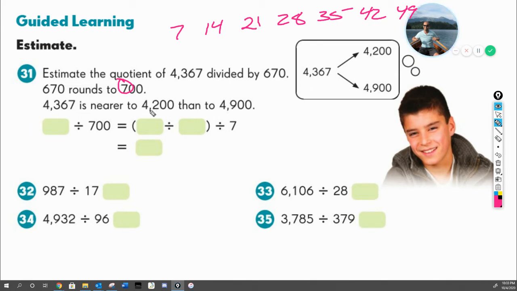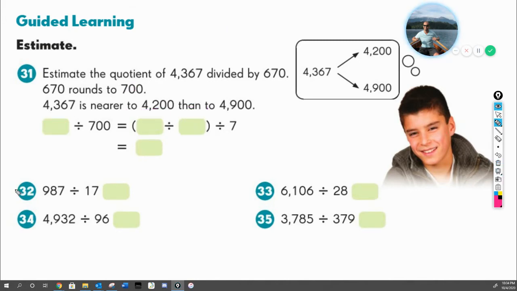Since 4,367 is closer to 4,200 than 4,900, I'm going to go with 4,200 divided by 700, or 4,200 divided by 100, divided by 7. This is the step where you're canceling out the zeros. So then you're doing 42 divided by 7 is 6. You know how I talk about zeros canceling each other out? That's what they're trying to show you.